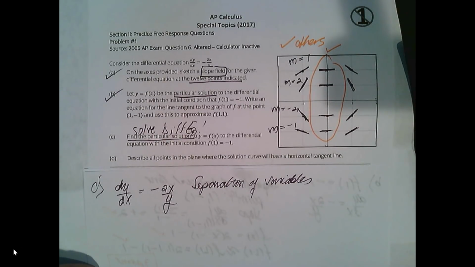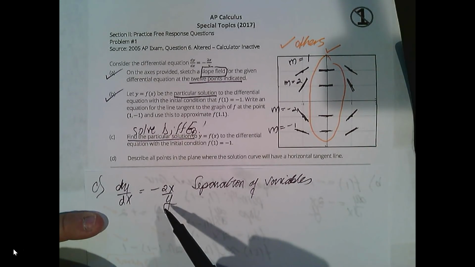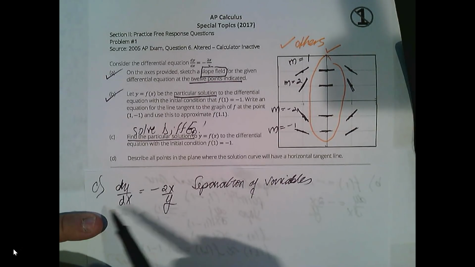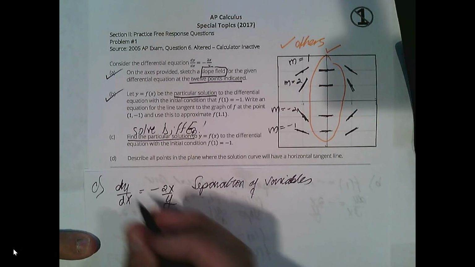For those of you that are going to go into engineering and you're going to study higher level mathematics, there are a lot more methods out there. But separation of variables, it's well named. We're going to separate the variables. We want to get all the x's and the dx's on one side, all the y's and the dy's on the other, and we're just going to use basic algebra here.